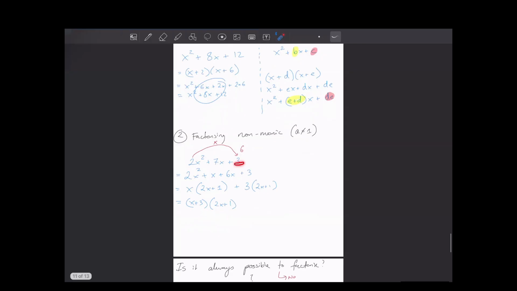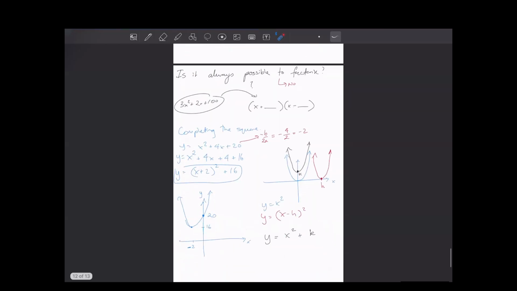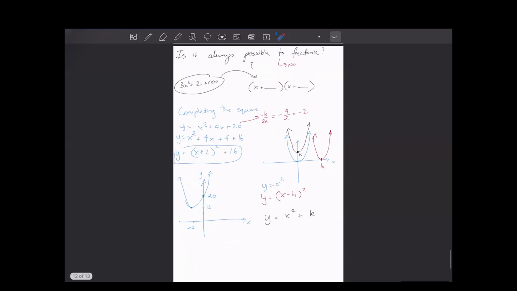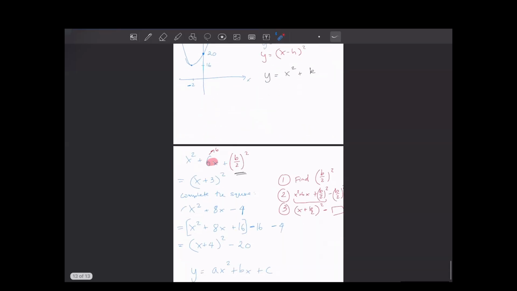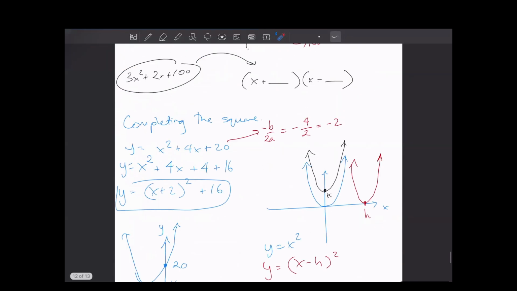And that's when you can come up with the numbers. When you can't come up with the numbers, you've got to rely on the quadratic formula or completing the square. And that's what we then spoke about here. So completing the square, the key thing, you find this b over 2 squared, then you plus it and you minus it, and then you can turn it into this turning point form.